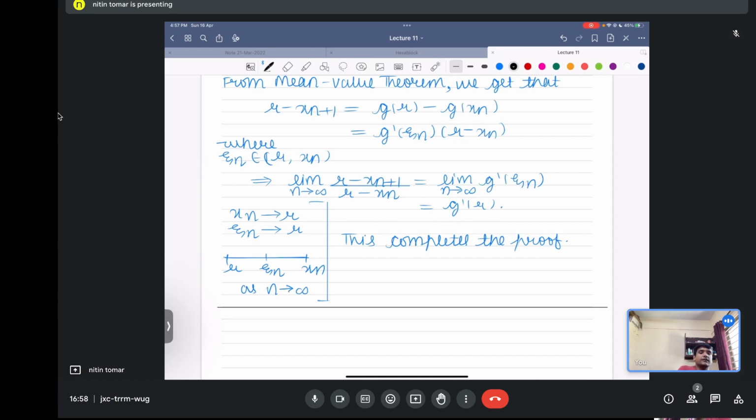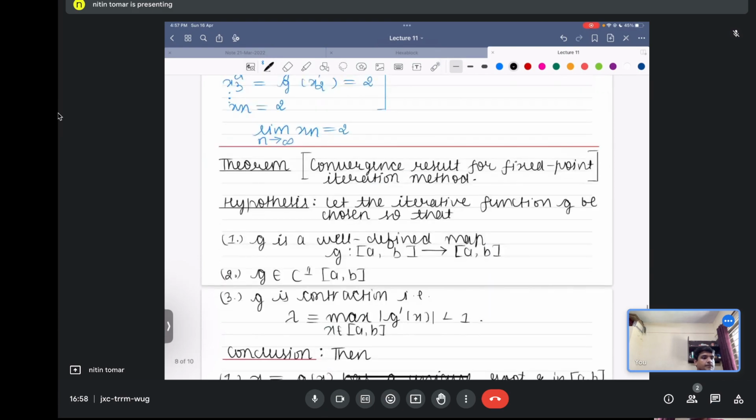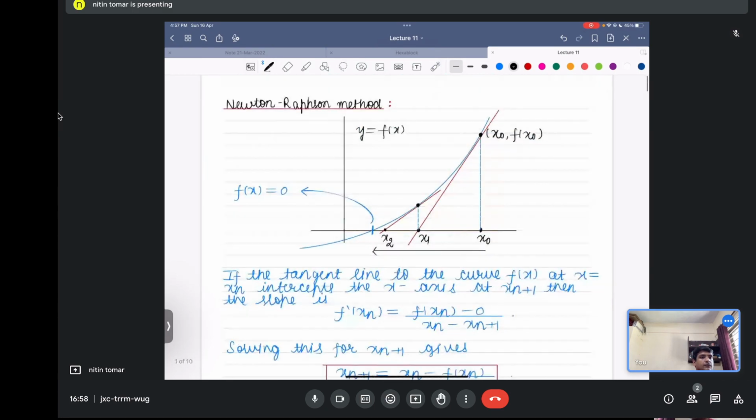So far, what we have done in today's session is the following. We saw two methods for finding a root of a non-linear equation. First is the Newton-Raphson method, and second is the fixed point iteration method.